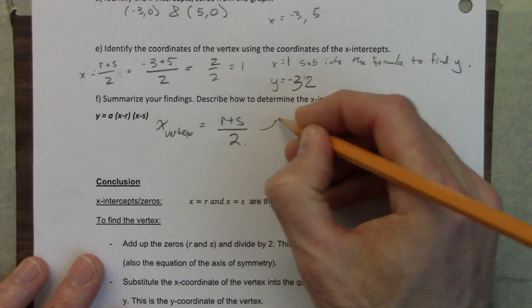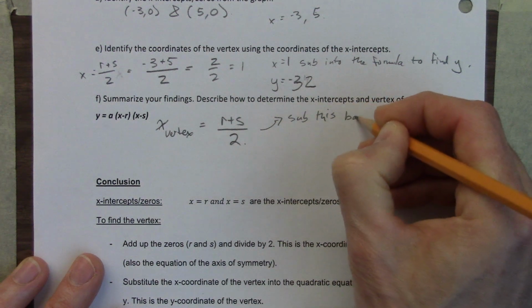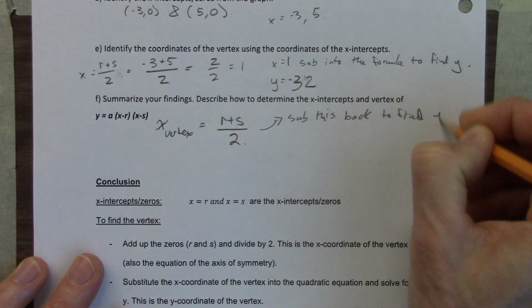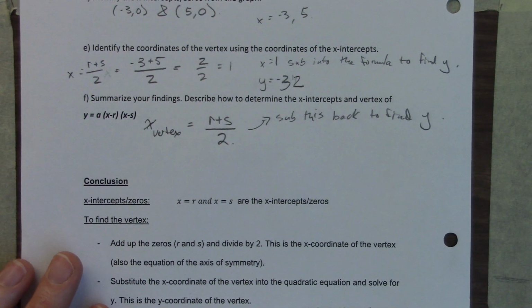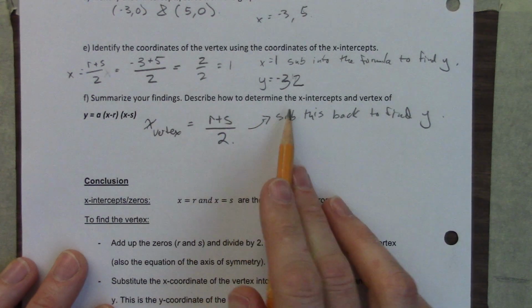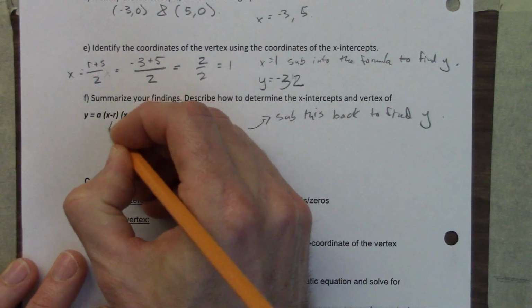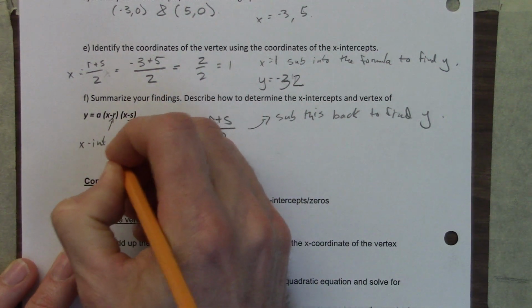And then we sub this back to find y. That gives us our vertex. Describe how to determine the x-intercepts. So the x-intercepts are just r and s. These are the x-intercepts.